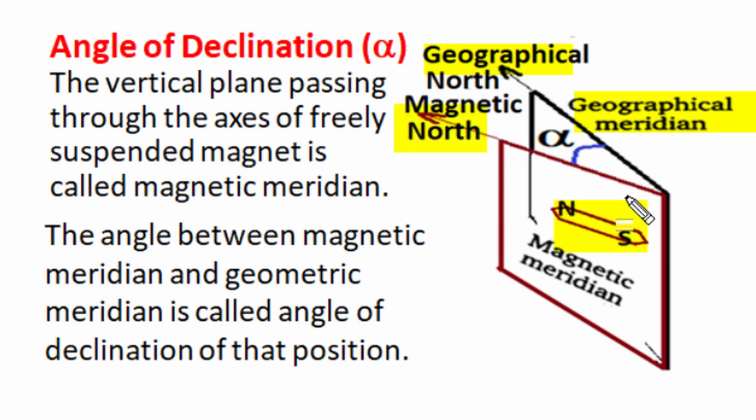So the magnetic meridian connects the magnetic north pole and magnetic south pole on the magnetic axis, and the angle between the geographical meridian and magnetic meridian is called the angle of declination of that position. This value of the angle of declination is not the same for different positions on Earth's surface, and for the same position the angle of declination also changes with time.